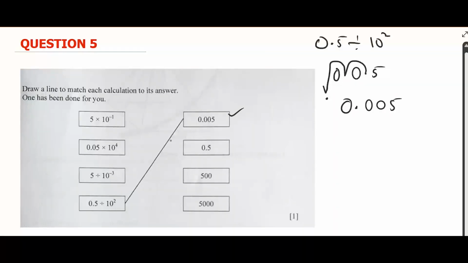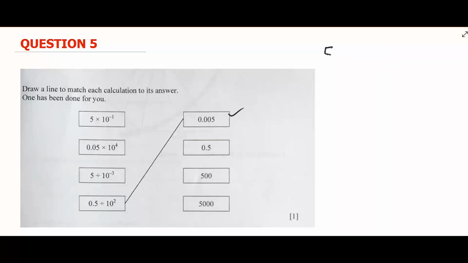Now let's do the next one. We have 5 times 10 to the power of minus 1. This is the same thing as 5 times 1 over 10, which equals 5 over 10. So we are also dividing by 10, which means we shift the decimal point backward.